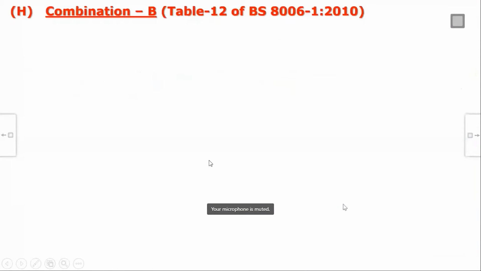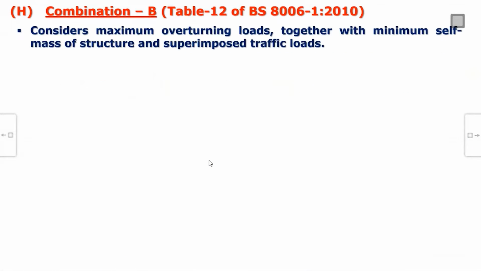Now we come to combination B. What does BS 8006 say? Consider maximum overturning load. Whatever load is overturning, meaning horizontal, consider that as maximum. So for gamma B you have to use the maximum value, together with minimum self mass of structure and superimposed traffic load.